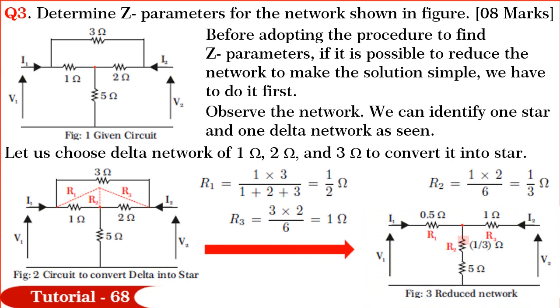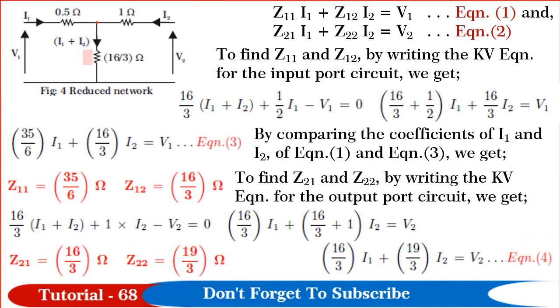Friends, 1 by 3 ohm and 5 ohm are in series and their equivalent is 16 divided by 3 ohm as shown in the figure. Now, you find that the network has transformed into a simple two-loop network.